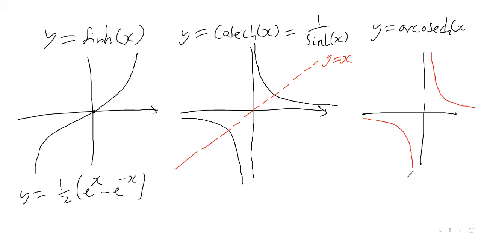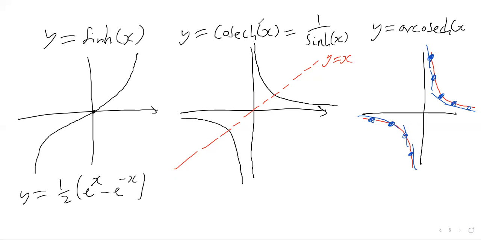So what do we notice? The gradient of this function in the negative part of the domain is negative. All these tangents have a negative gradient. And the same thing here: all these tangents in the positive part of the domain have a negative gradient too and slope downwards.